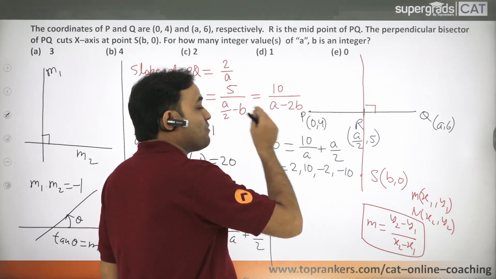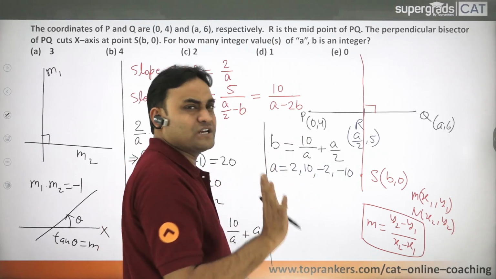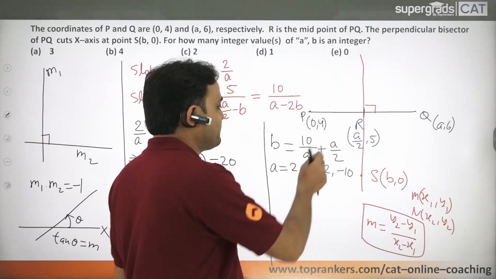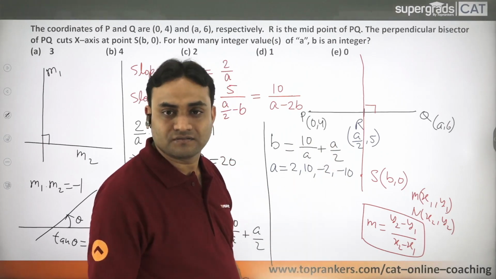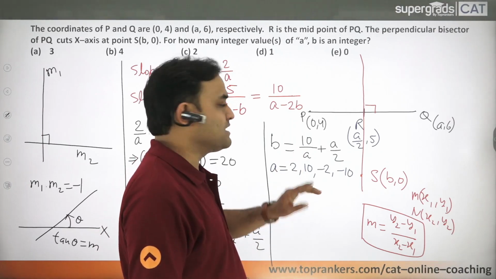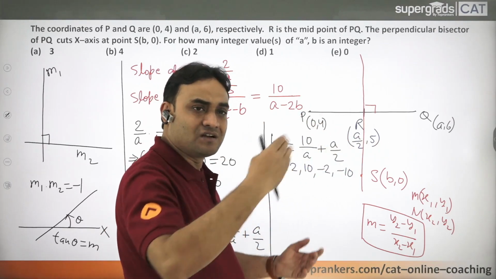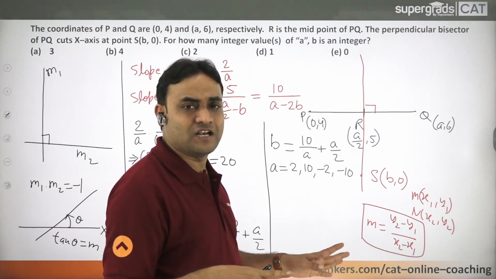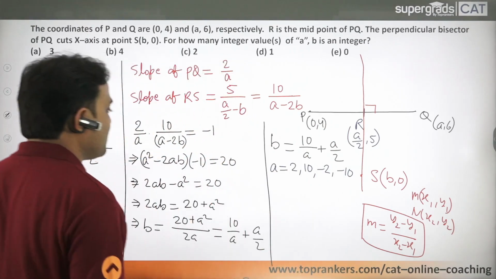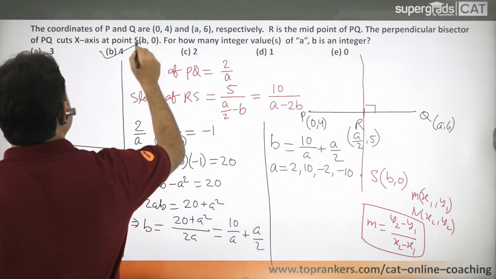If I put A equal to 4, this will become 5 by 2, which is 2.5. But there is a problem: if I put 4 here, A by 2 becomes an integer. For no other odd values of A, like 10 by 3, 10 by 5, 10 by 7, will this whole expression be an integer. So for how many values of A do we get B as an integer? Exactly 4 values. The answer is option B.